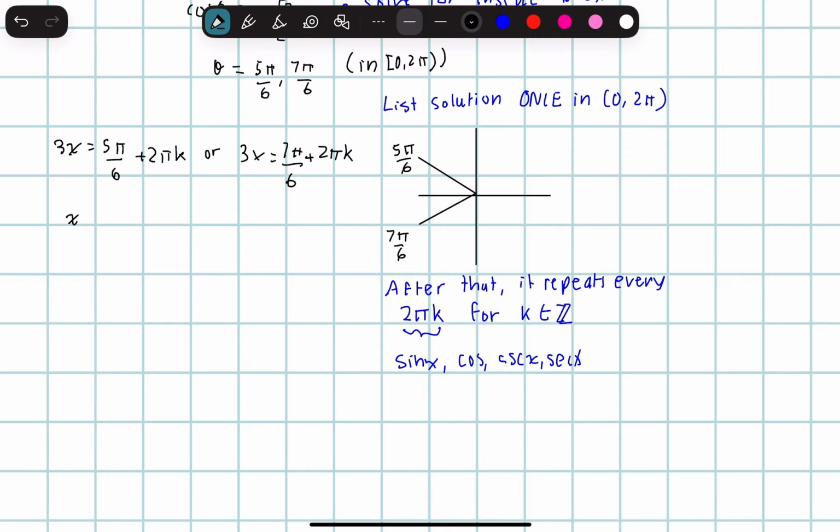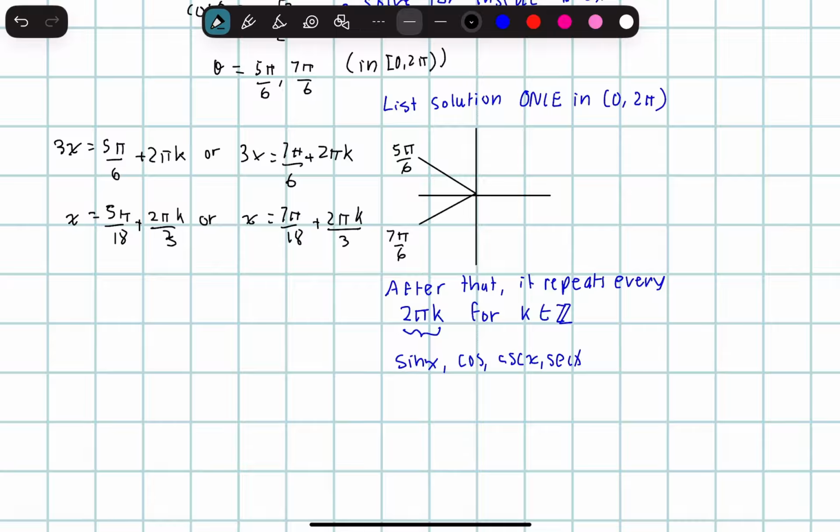So dividing everything by 3, we get x is equal to 5 pi over 18 plus 2 pi k over 3, or x is equal to 7 pi over 18 plus 2 pi k over 3.